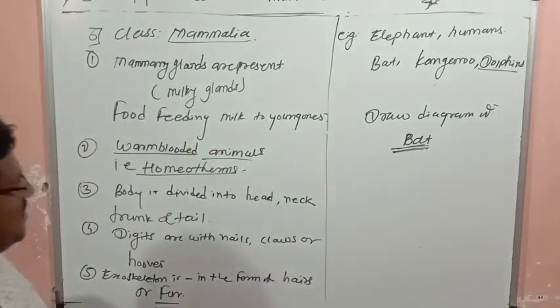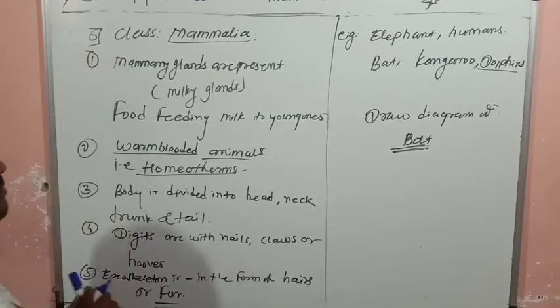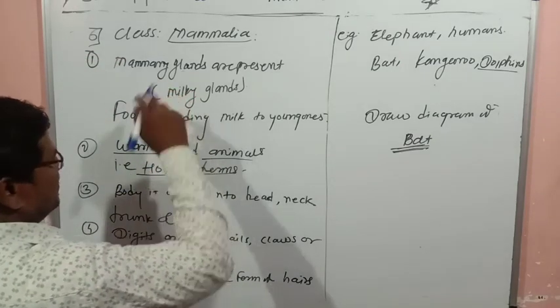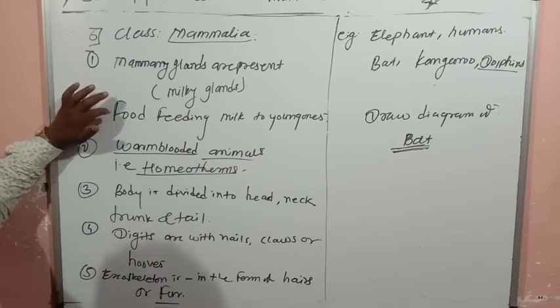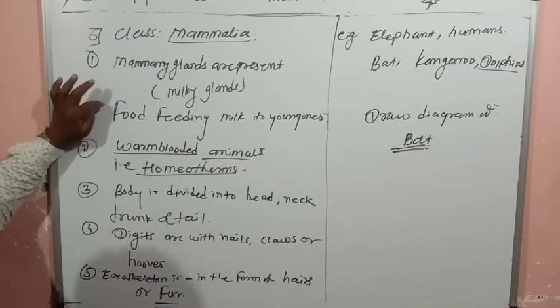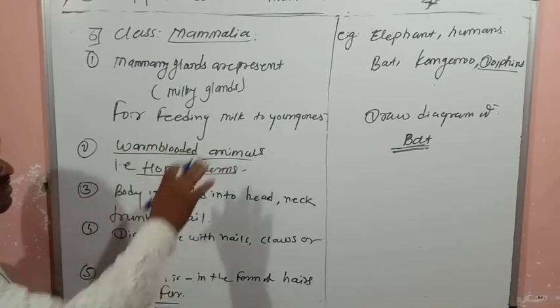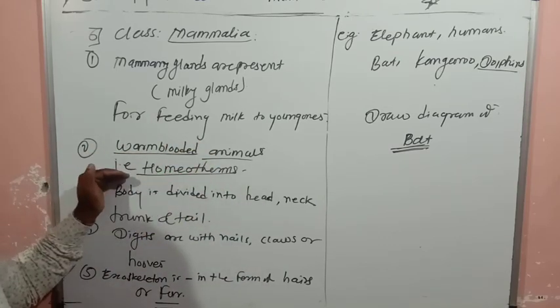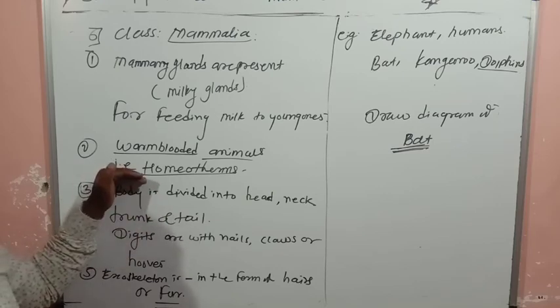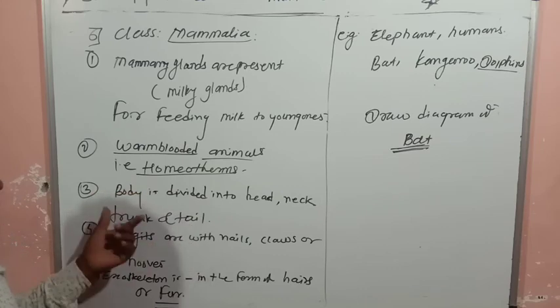One more time we'll see the characteristics. Mammary glands, or milk glands, are present, for feeding milk to the young ones. Warm-blooded animals, homeotherms, can maintain body temperature; our body temperature is 37 degrees.